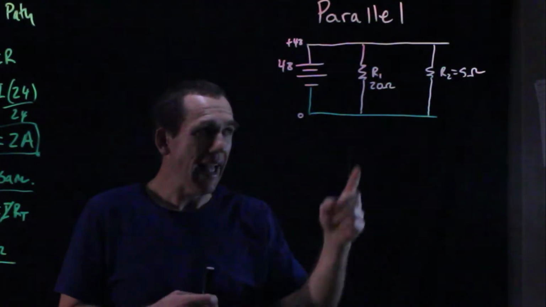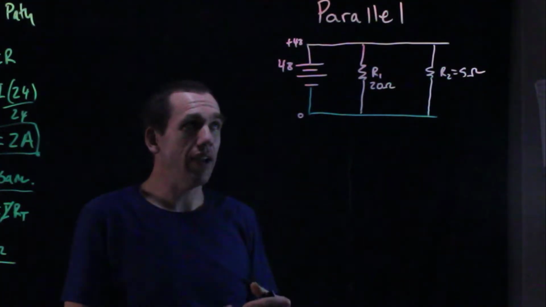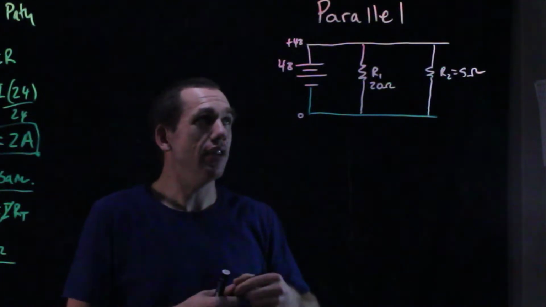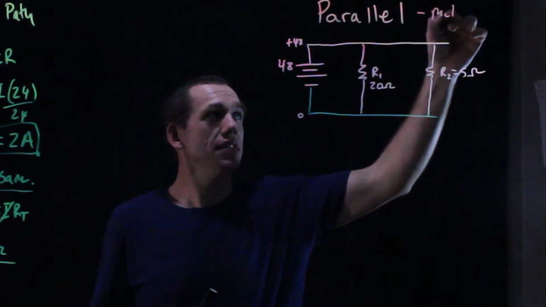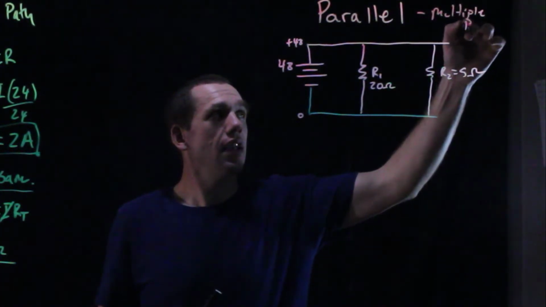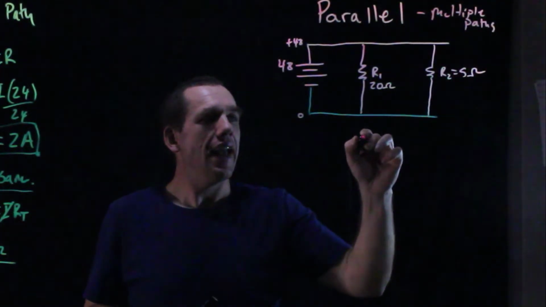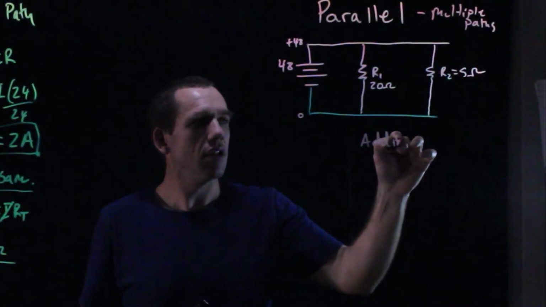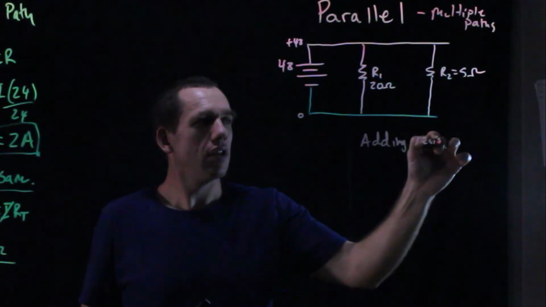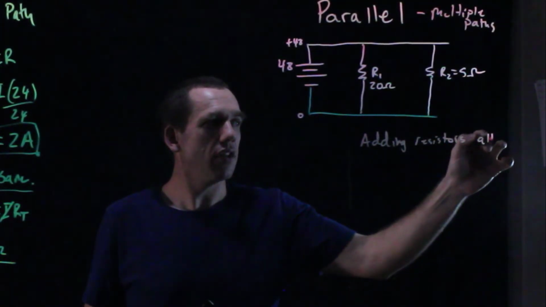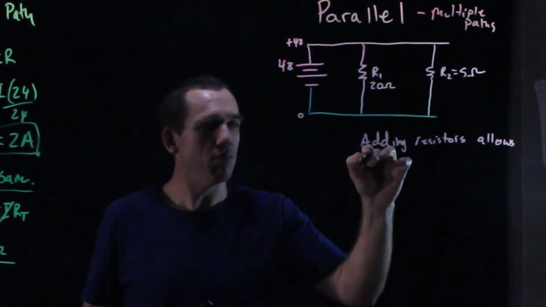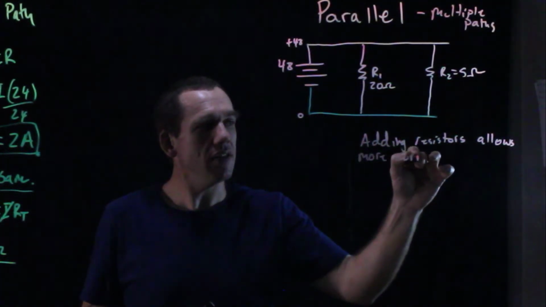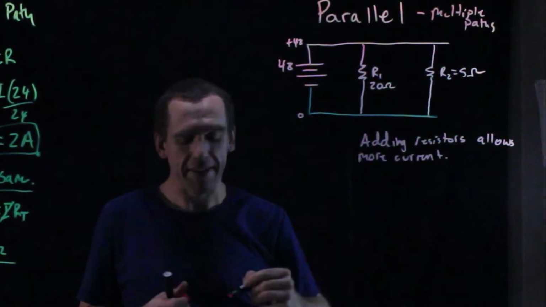So here, adding resistors opens paths and allows more current. So parallel, multiple paths, and what we see is adding resistors allows more current, because it adds more paths.